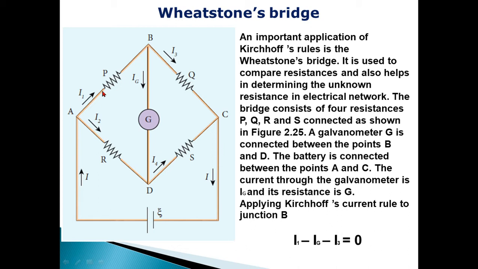Entering the junction is taken as positive, leaving the junction is taken as negative. Here I1 is entering the junction, that is why we take it as positive. Ig and I3 are leaving the junction, that is why we take the negative sign, minus Ig minus I3. So the total amount of current is equal to 0. I1 minus Ig minus I3 is equal to 0.